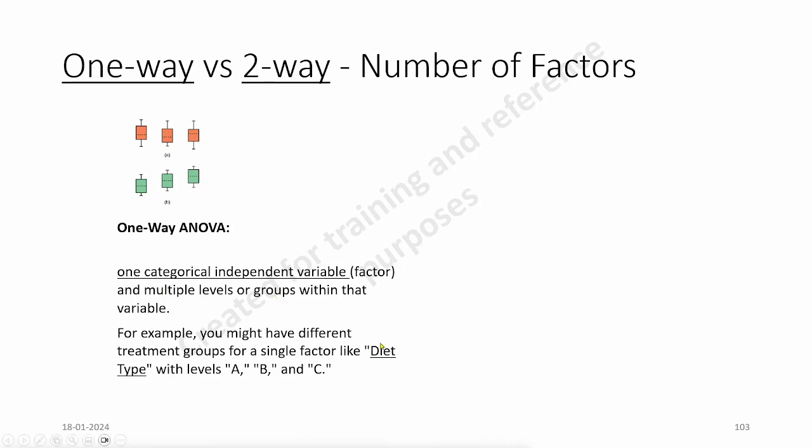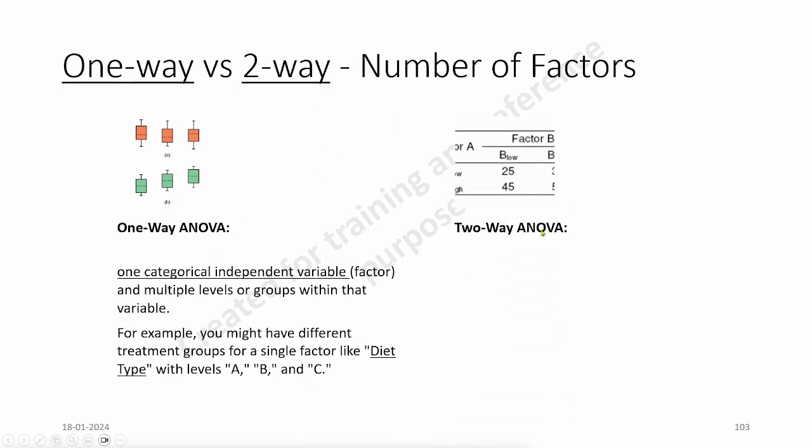For example, it could be diet type, having different categories A, B, C, and you would like to assess the impact of diet type A, B, C on weight loss or weight gain of the individual. So this is called one-way ANOVA.